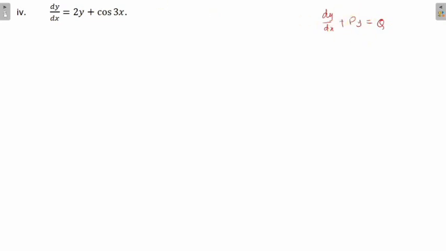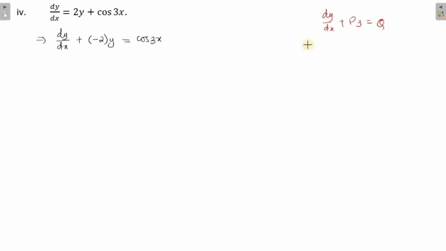I can write this as dy by dx, and if you bring it out here, it becomes minus 2y. So this is equal to cos 3x, right?